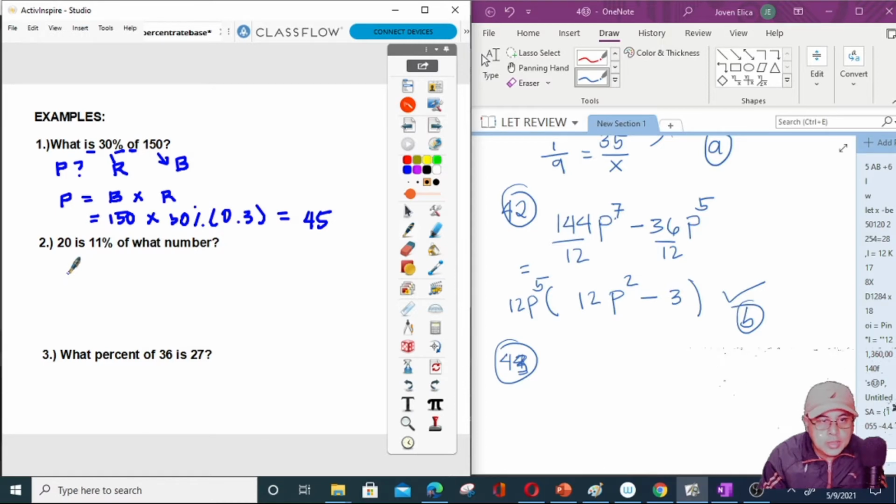Okay, this one. 20 is, so this is before. So this is our P. Again, percentage, this is from the percent symbol, and easily identified that this is the R. Of means of a number, which is the base.